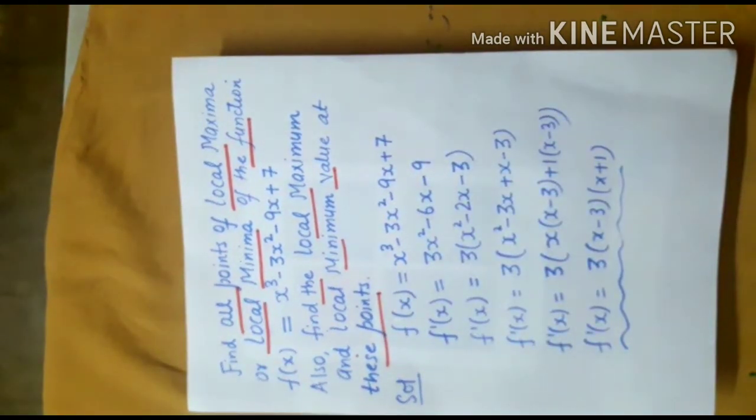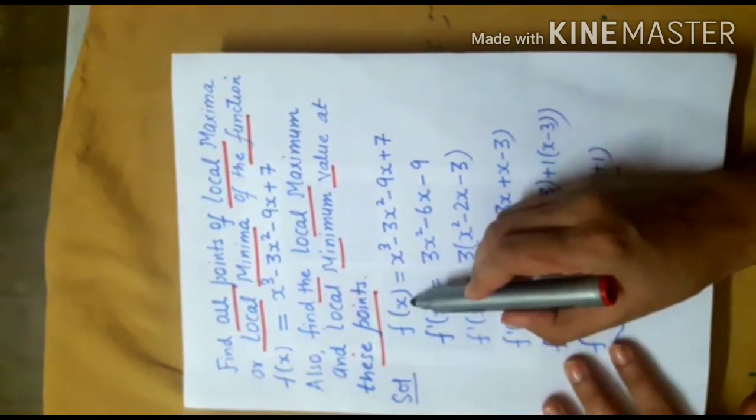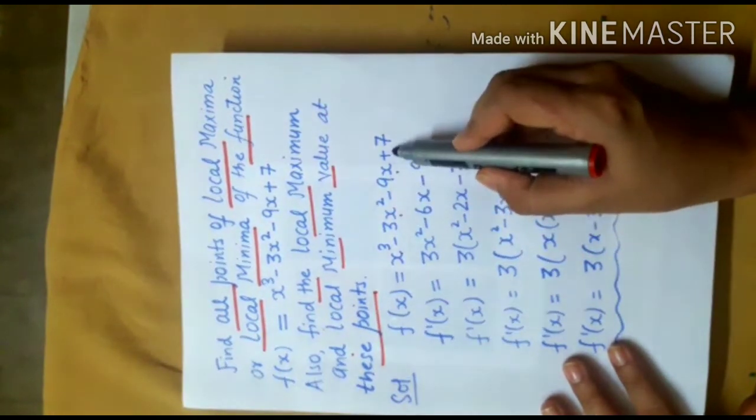Yes, first I have to find the points of local maxima and local minima, and then I have to find out the local maximum and local minimum value at those points, right? Yes, f(x) is equal to x cube minus 3x square minus 9x plus 7.